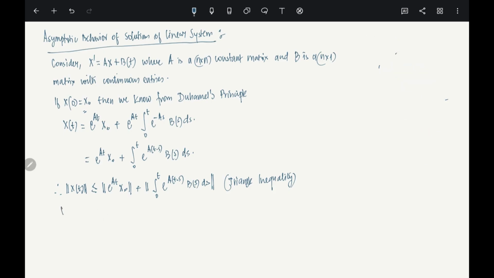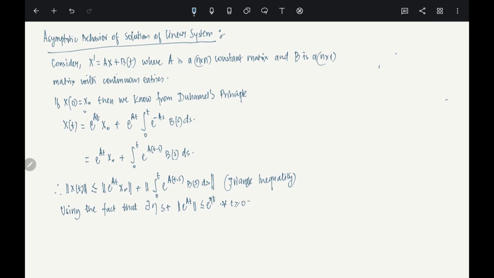Using the fact that there exists an eta, it can be positive or negative, such that the norm of e to the power At is dominated by e to the power eta t. This holds for all t greater than or equal to 0.